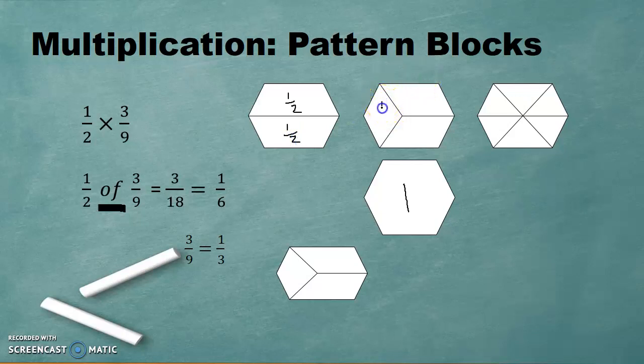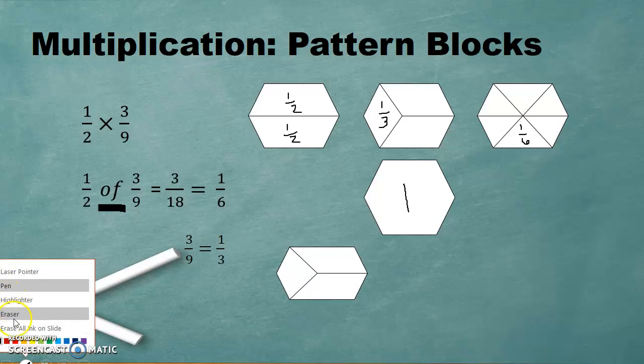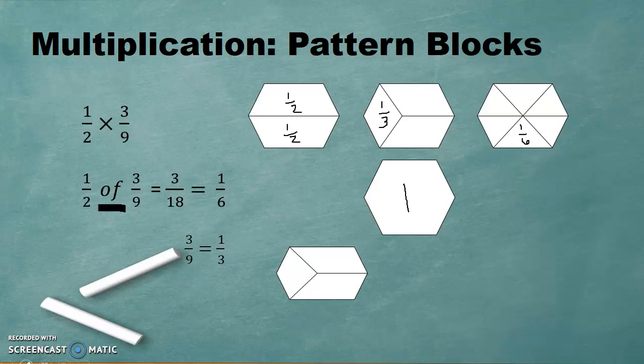And then here I have my whole divided into thirds. And this one is divided into 6. So what I am going to be using is the model for the thirds.